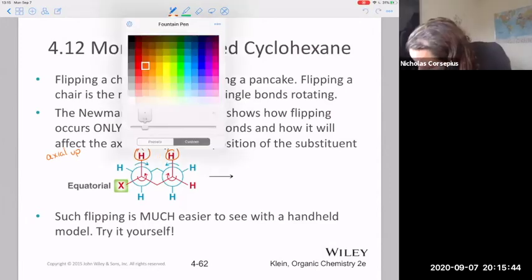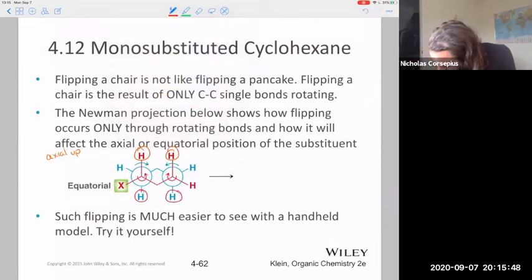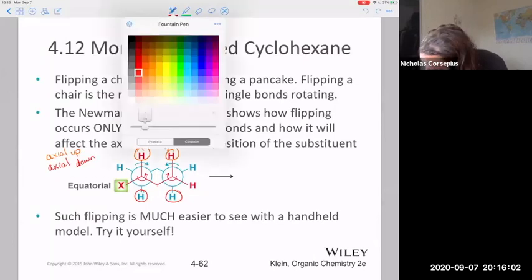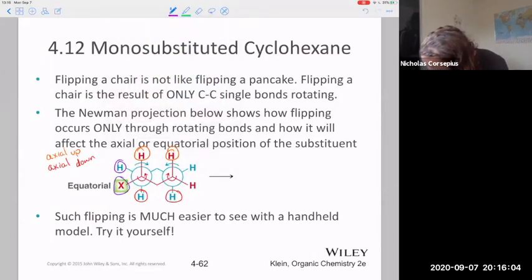You have your axial down positions. There's also one located here that's not explicitly drawn. And then you have your various equatorial positions.